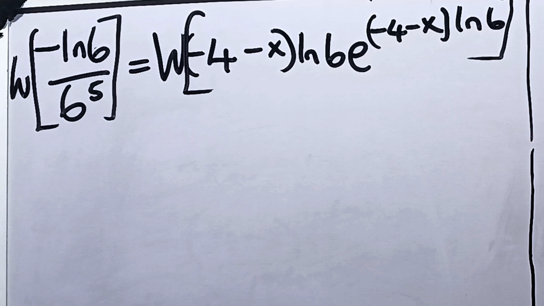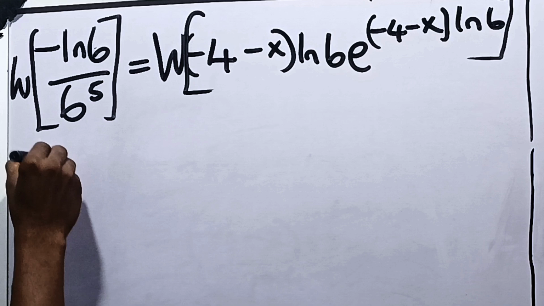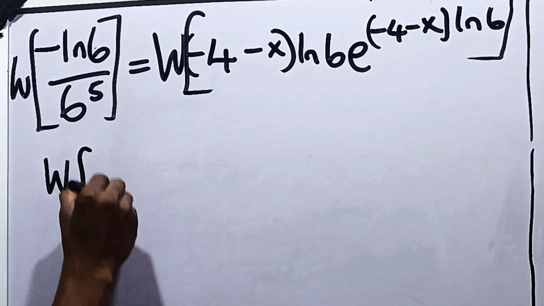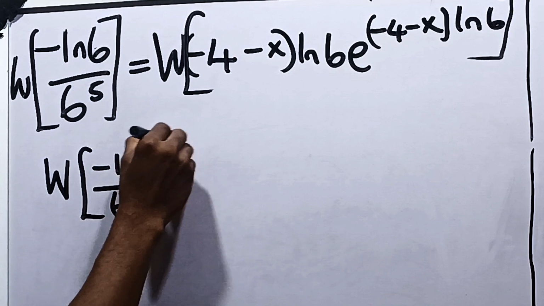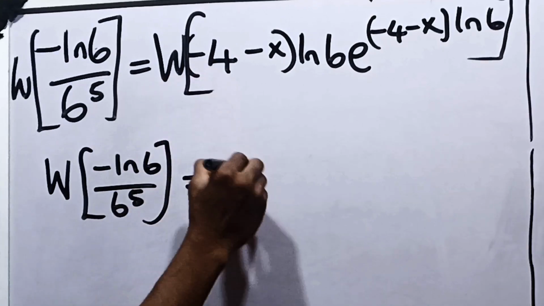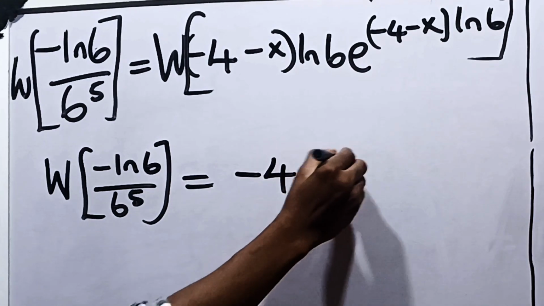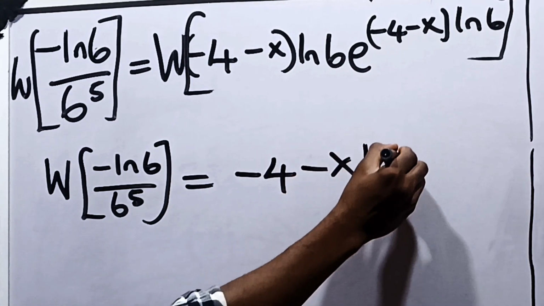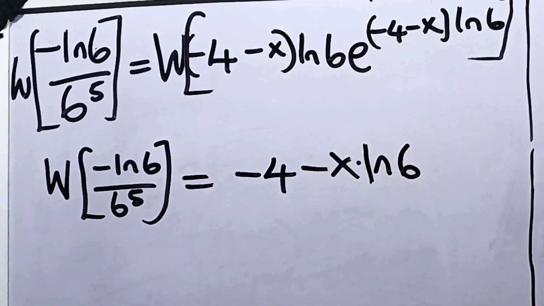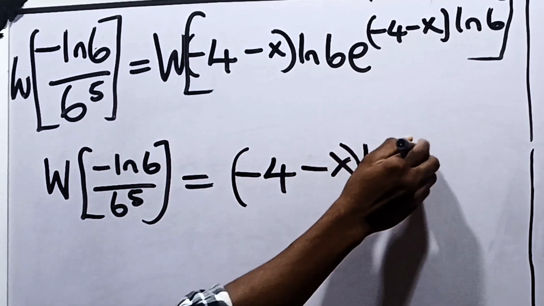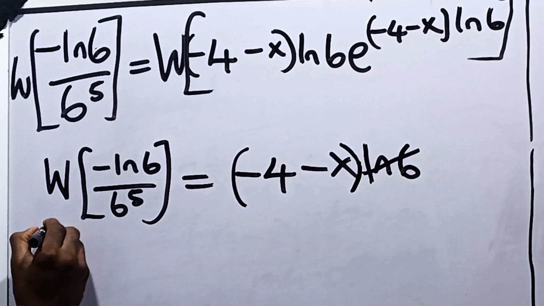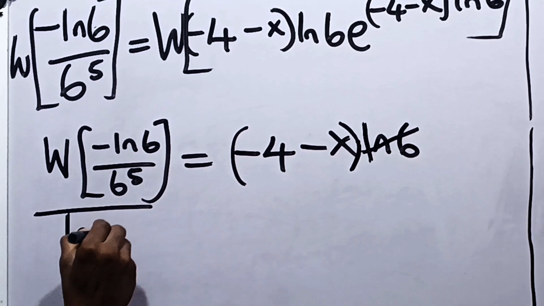Now this becomes W of negative ln of 6 divided by 6 over 5, equal to W of this, which is now negative 4 minus x times ln of 6. Okay, so this is multiplied. From this point, let's divide both sides by ln of 6. ln of 6 cancels ln of 6 here, and what you have left is this side divided by ln of 6.